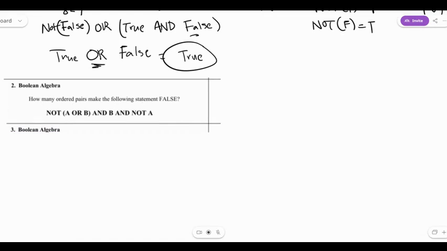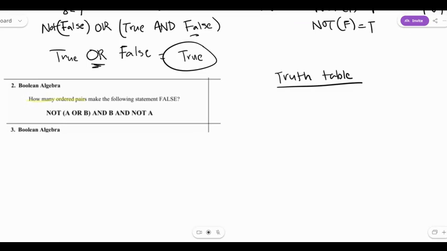Here we see that the problem is asking how many ordered pairs. If we see this wording, we generally know that we must use a truth table. A truth table involves simplifying the given expression as much as possible and then making a table that will compute the values at the end.